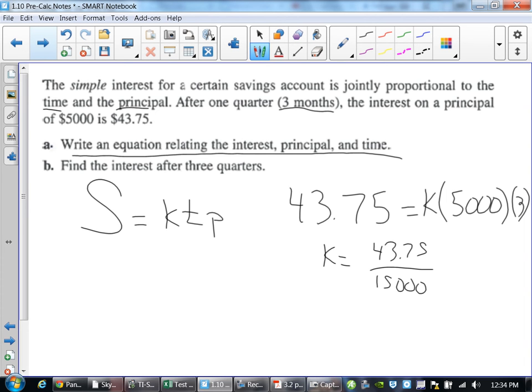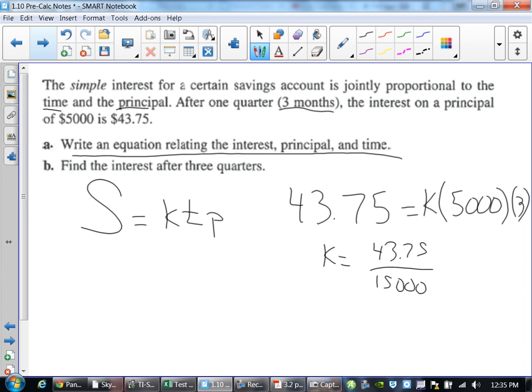Let me give you guys a couple problems to try. I think the homework sheet that you guys had, those were good. Let me double check here real quick.